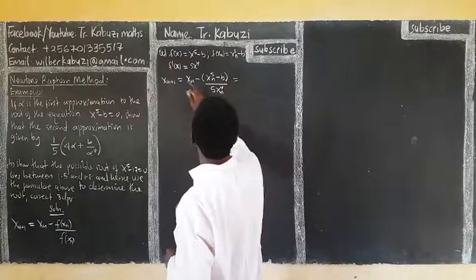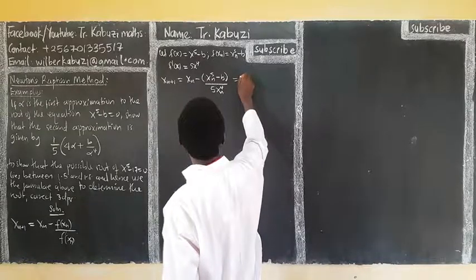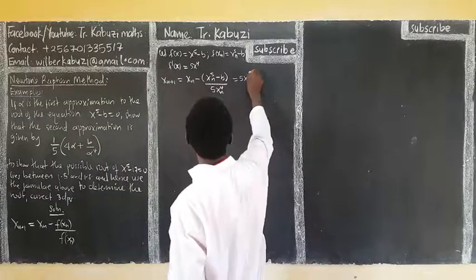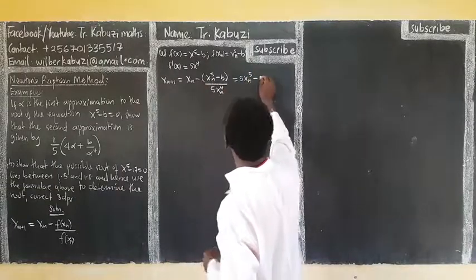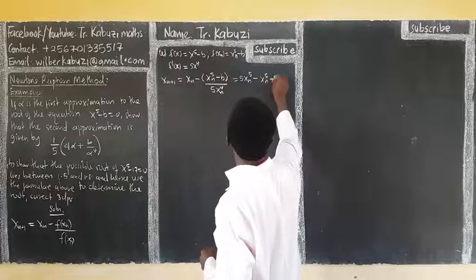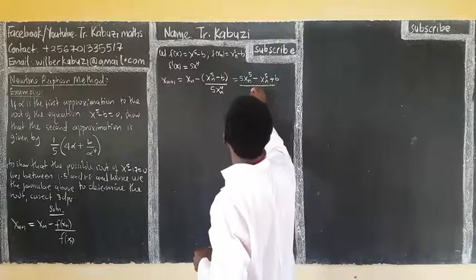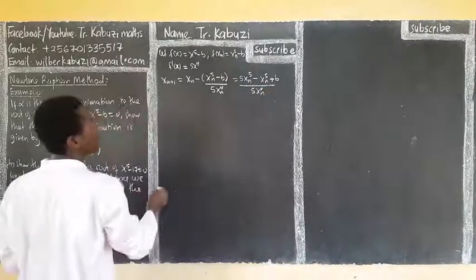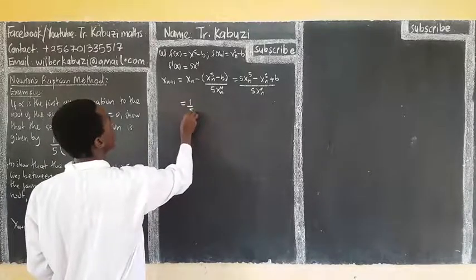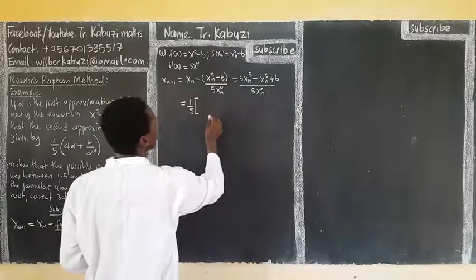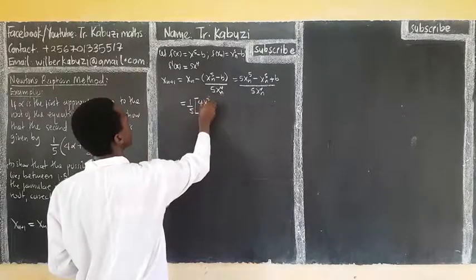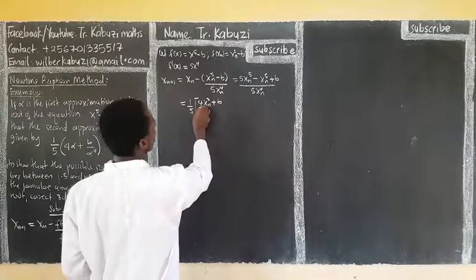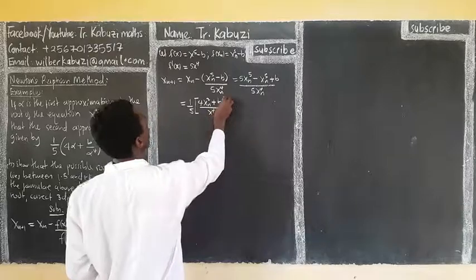We get the LCM, so we shall have 5 xn, this time to the power 5, then minus, we open brackets, xn power 5, then plus b, the whole over 5 xn power 4. Now if I factorize out 1 over 5 and simplify, we get 4 xn power 5 plus b, the whole over xn power 4.